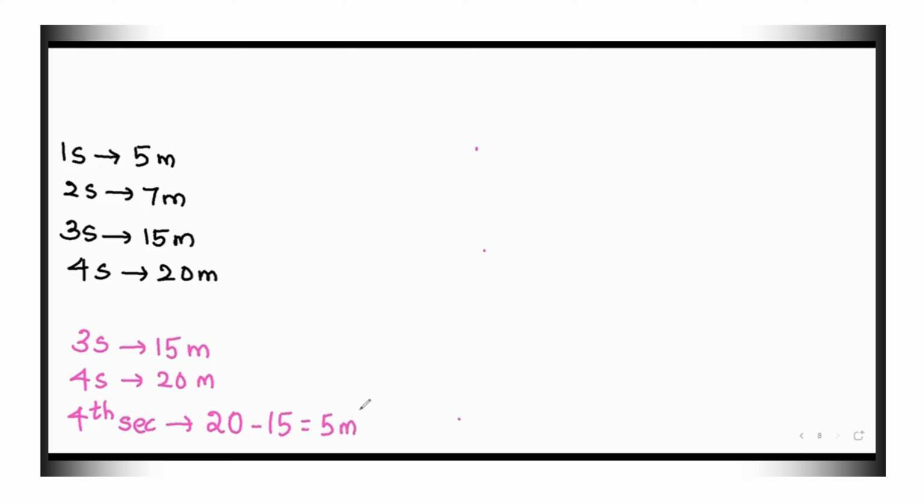That means the distance covered after 3 seconds and within the 4th second. That is what we call the distance traveled in the nth second. So how did you calculate the distance traveled in the 4th second? Distance traveled in 4 seconds minus distance traveled in 3 seconds. So distance traveled in the nth second is distance traveled in n seconds minus distance traveled in n minus 1 seconds.